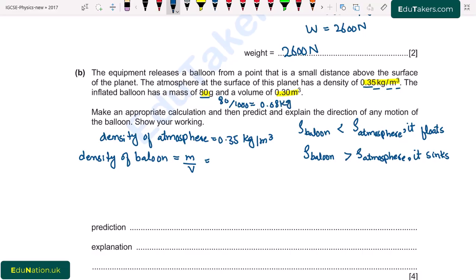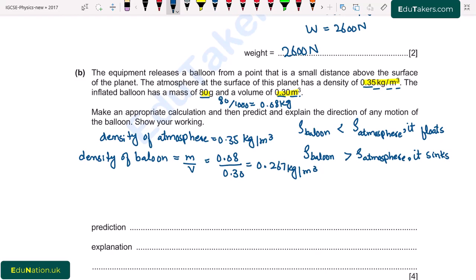So I write here, 0.08 divided by volume, which is given as 0.30 meter cube. So the value of density of balloon comes to be 0.267 kilogram per meter cube.